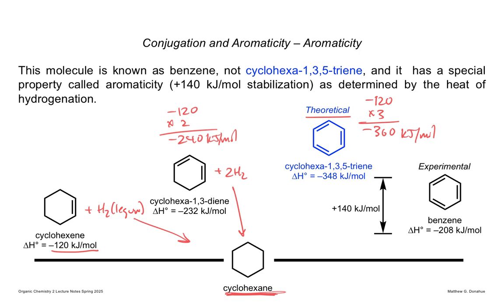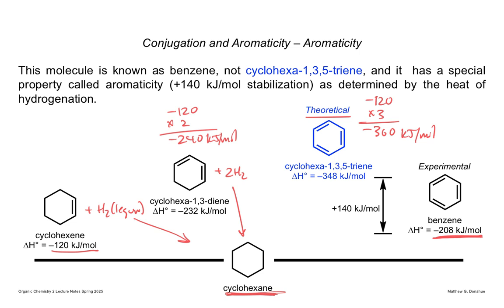Well, it turns out when you take benzene and you hydrogenate it, it's only evolving negative 208 kilojoules per mole. So there's a pretty significant difference between what you would expect by theory and what you observe.